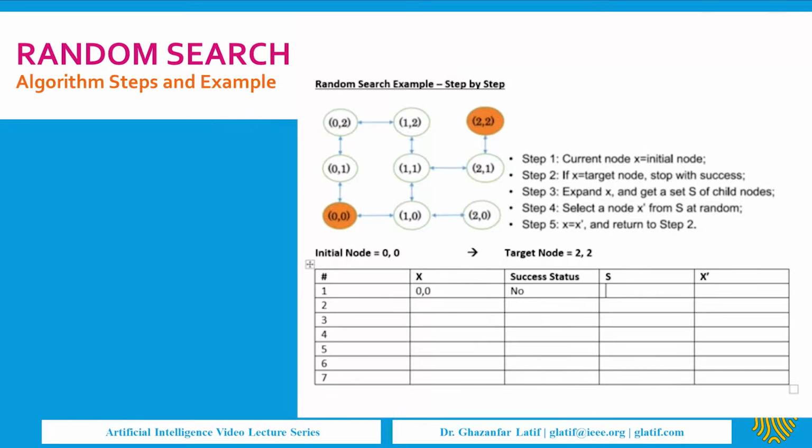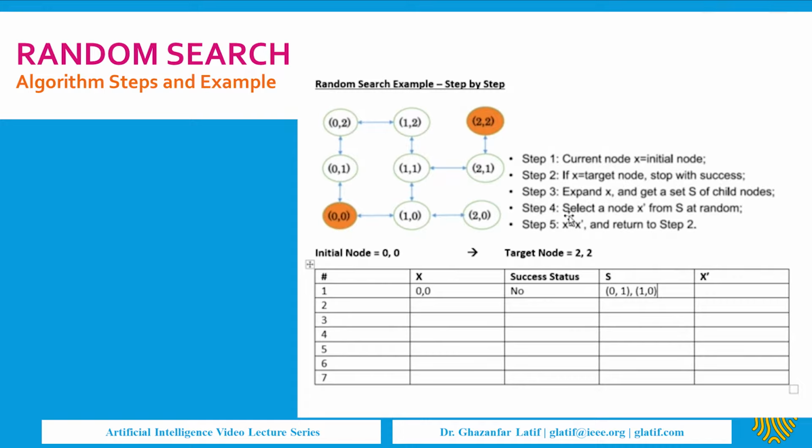If it is no, then what I will do, step number 3, expand x and get a set S of child nodes. So what are the child nodes of x? The child nodes of 0 0: it has 2 child nodes, 0 1 and 1 0. So I will write down 0 comma 1 and 1 comma 0.